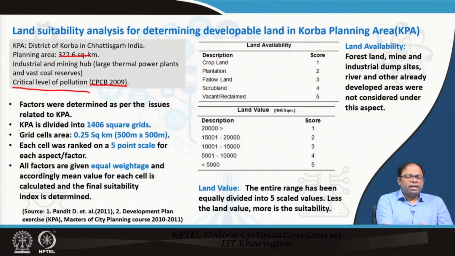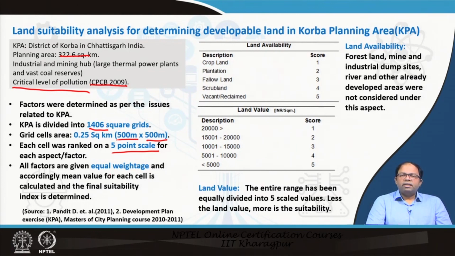We divided the entire area into square grids. Around 1406 square grids were created. Each grid was around 0.25 square kilometer, which was 500 meter by 500 meter, and each cell was ranked on a 5-point scale for each aspect or factor.